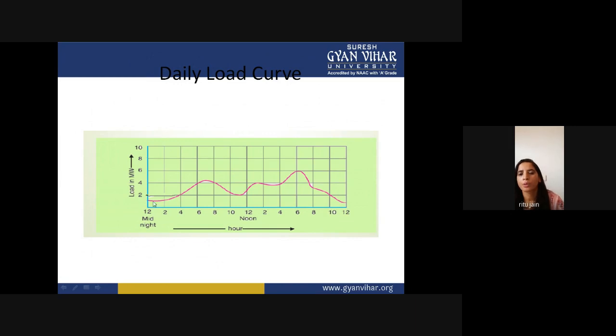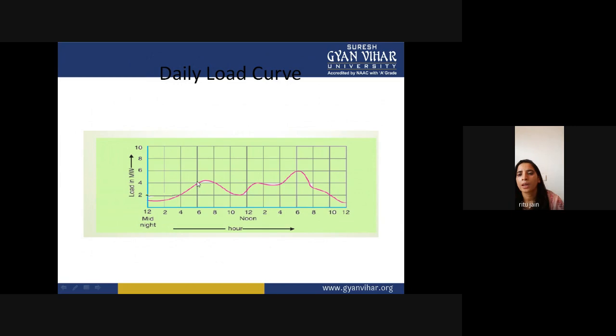For example, at 12 midnight, the load is less than 2 megawatt and it is continuous until 2 a.m. After 2 a.m., it starts to increase. At 4 a.m., it reaches 2 megawatt, and after 4 a.m., it is increasing linearly.